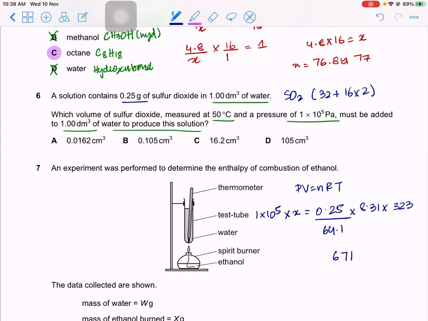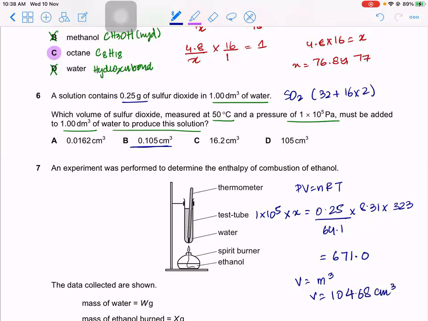So that's 671.0, and this would be 64.1 multiplied by 10 to the power 5. 671 divided by this, so whatever your volume comes out, that would be in meters cube. So you will convert it to cm cube because you want it in cm cube. So you multiply it by 10 to the power 6, and this comes out to be 104.68 cm cube.